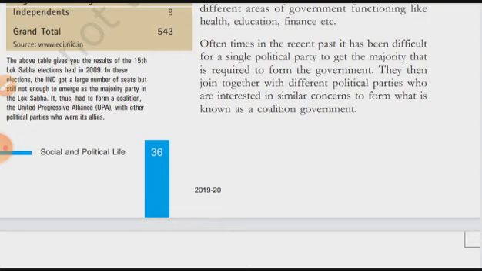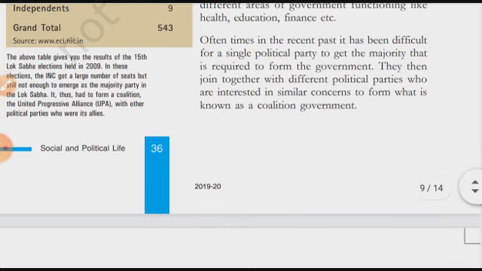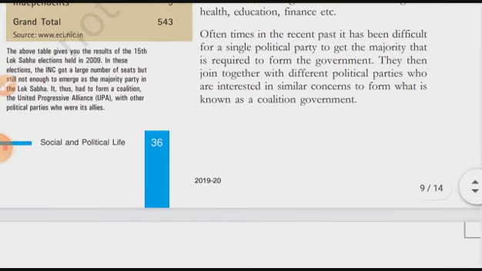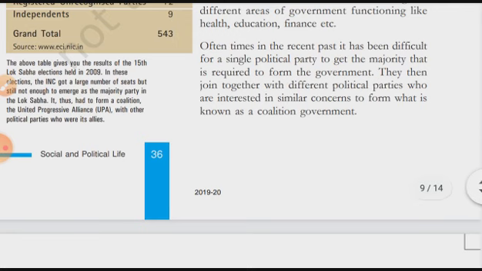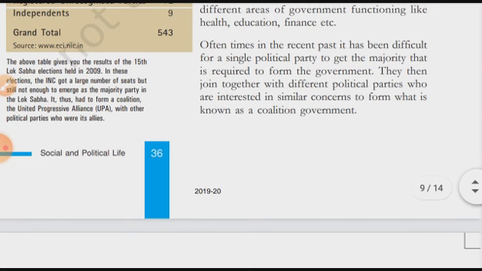Then they join together with different political parties who have similar concerns to form what is known as a coalition government. As I have already told you, two or more political parties come together, they form an alliance, and this alliance forms the government, and this government came to be known as coalition government.